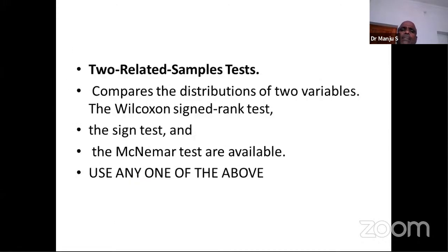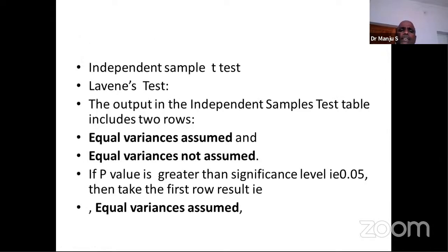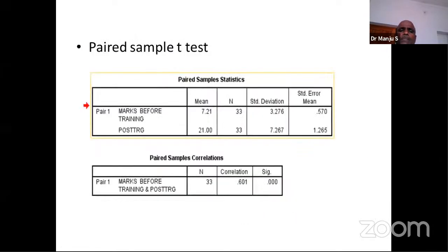Next, we have another important test in SPSS, the paired sample t-test. This paired sample t-test helps you find out the difference in the means of the same, single sample. For example, if you are studying the performance of employees before training and after training, the same employees, what was their performance score before training and after training?